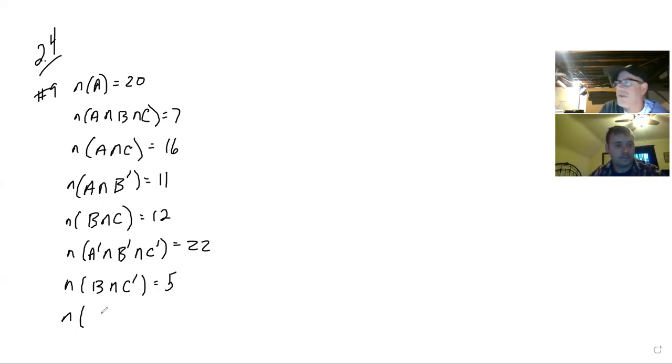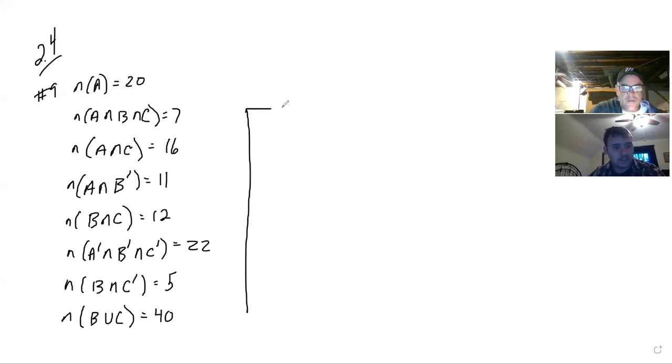And the cardinality of B union C is 40. All right. Sketch a Venn diagram real quick.